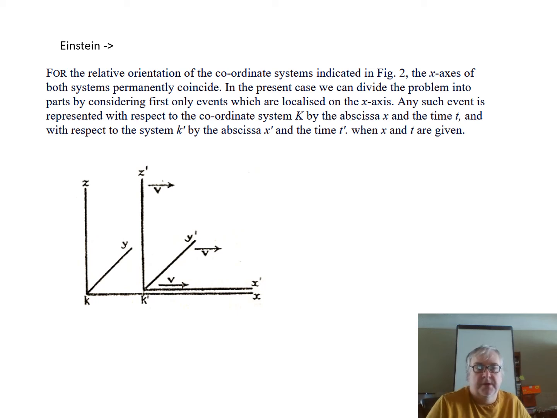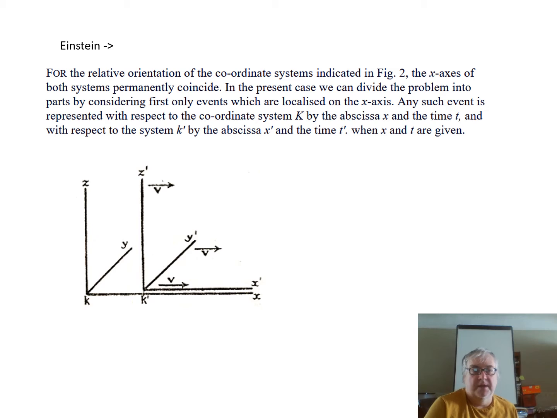So this is Einstein, and what he tells us is, for the relative orientation of the coordinate system indicated in figure 2, which is the diagram below, the x-axis of both systems permanently coincide. In the present case, we can divide the problem into parts by considering first only events which are localized on the x-axis.